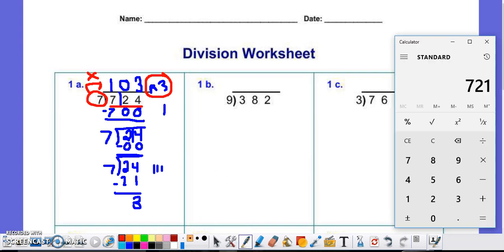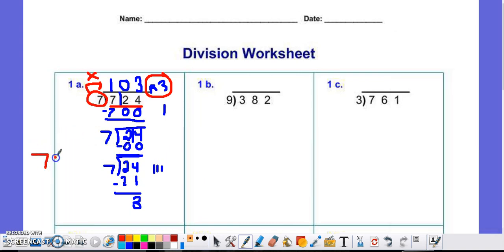When you have a remainder on the outside, you add that to the multiplication answer and you get 724. And as long as your answer, when you multiply the divisor by the quotient and add the remainder, is equal to the dividend, then your answer checks out.